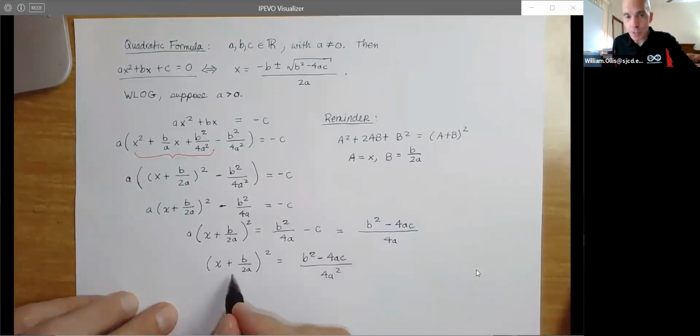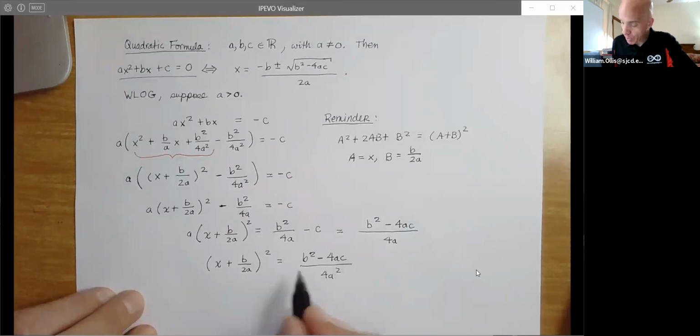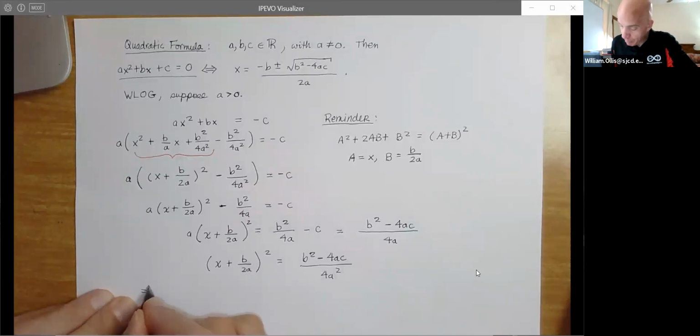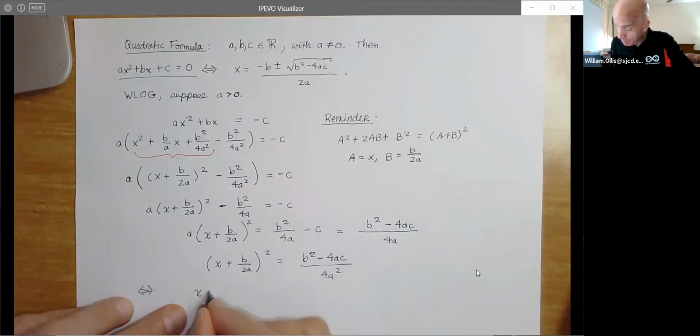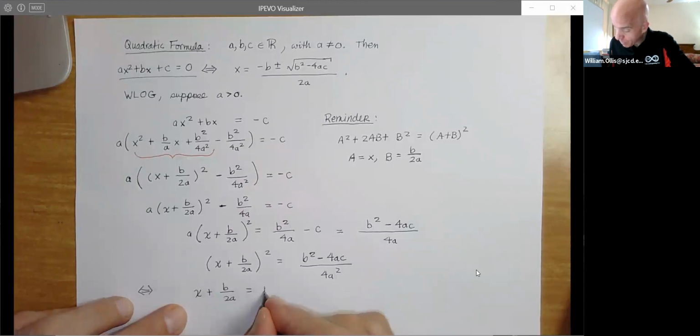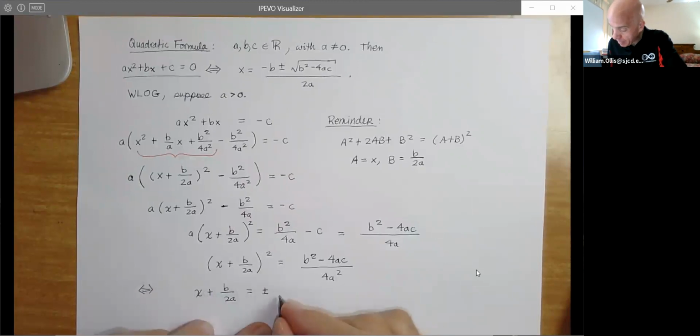Now, again, we have something squared equals a real expression. So equivalently, by the square root property, we have X plus B over 2A equals plus or minus the square root of B squared minus 4AC divided by 4A squared.